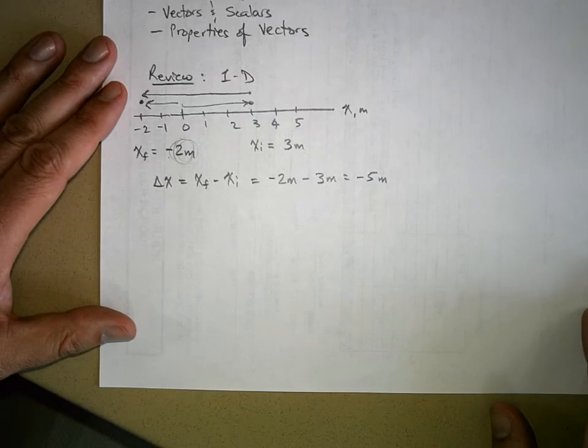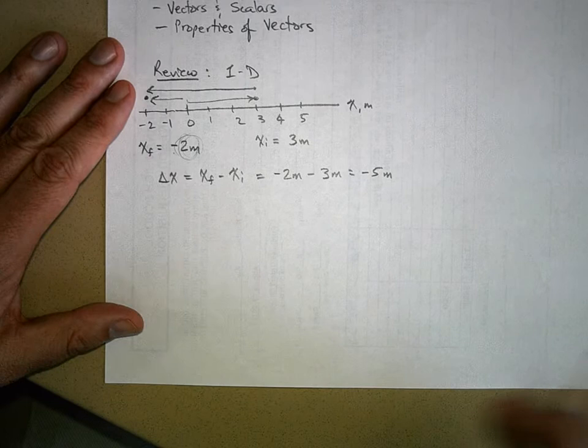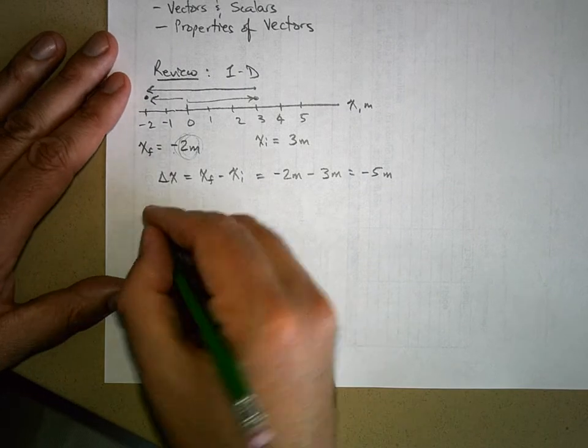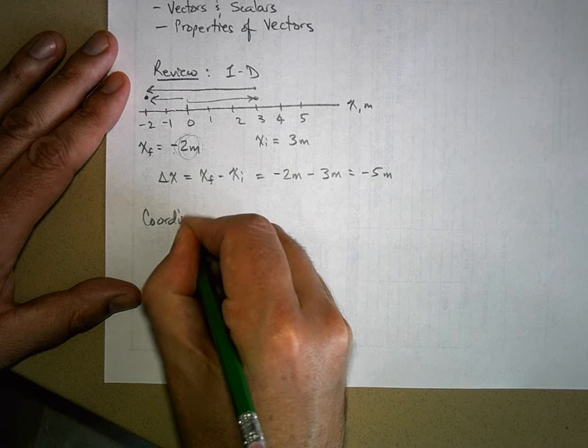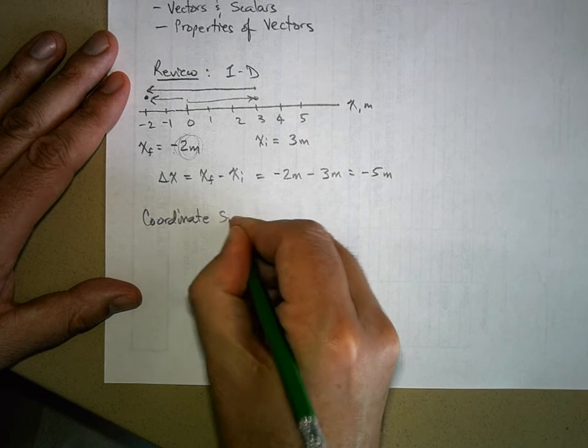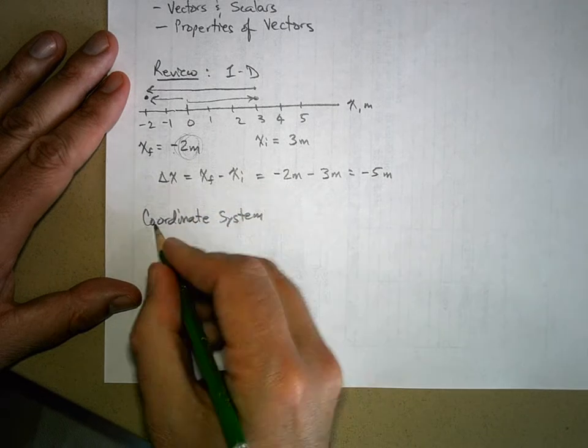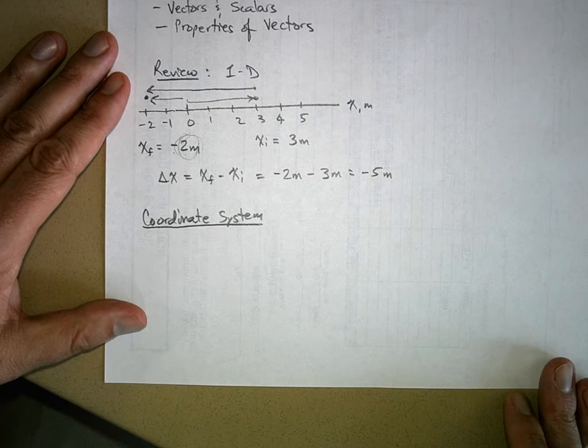So in 2-dimensional space, what we're going to have to do is create a coordinate system for position.